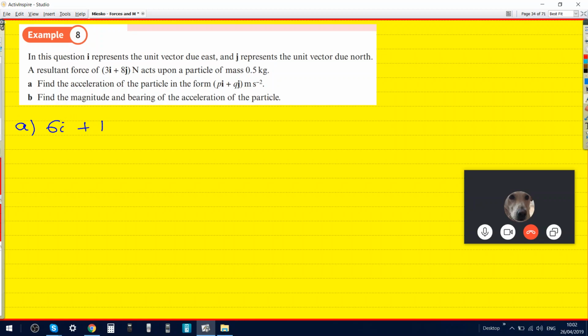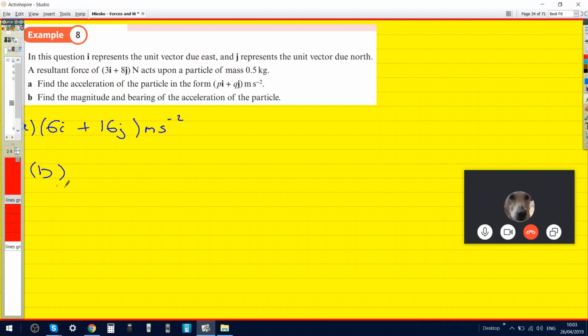Okay, and B. It's Pythagoras for magnitude, so 292 and then square root that. 17.08 for the magnitude.